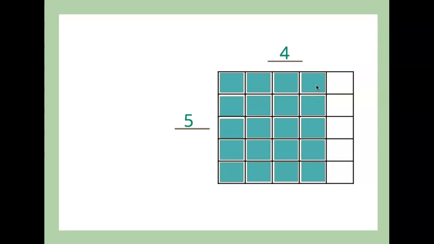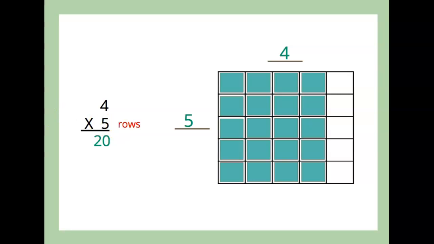So it will be this. Remember, we read from bottom to the top. So it is 5 rows of 4. And the answer is 20.